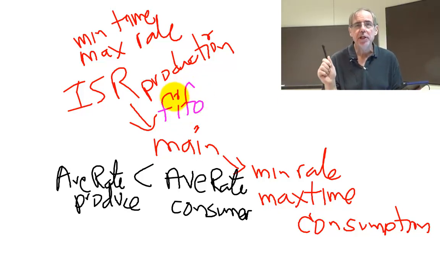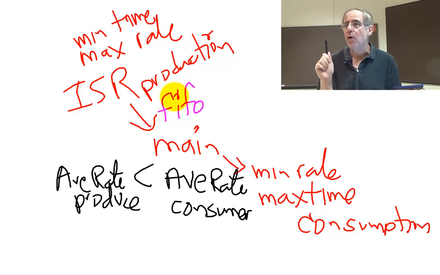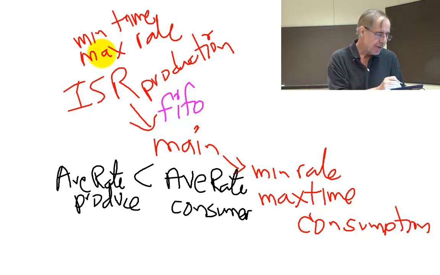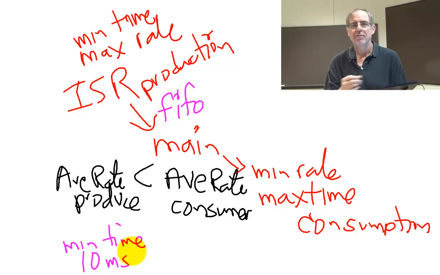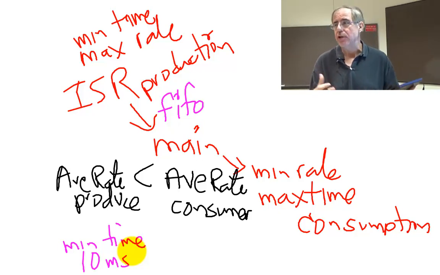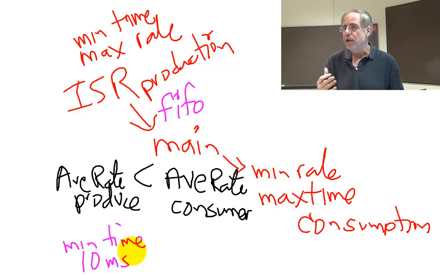And the answer to Mahish's question is, do I need a FIFO or do I need a mailbox, which is the fancy word for a global variable and a flag, is the following comparison. If I look at the minimum time here, which in our case is exactly 10 milliseconds, I'm sampling at 100 hertz. So the minimum, the average, and the maximum production rate is exactly 100 samples per second, or 10 millisecond time.